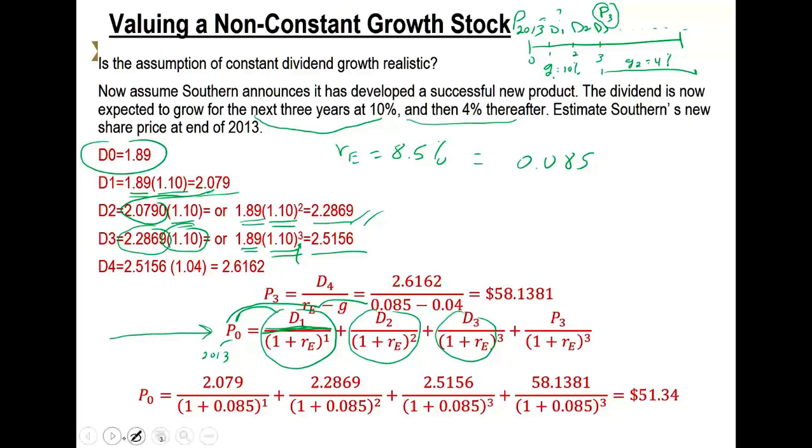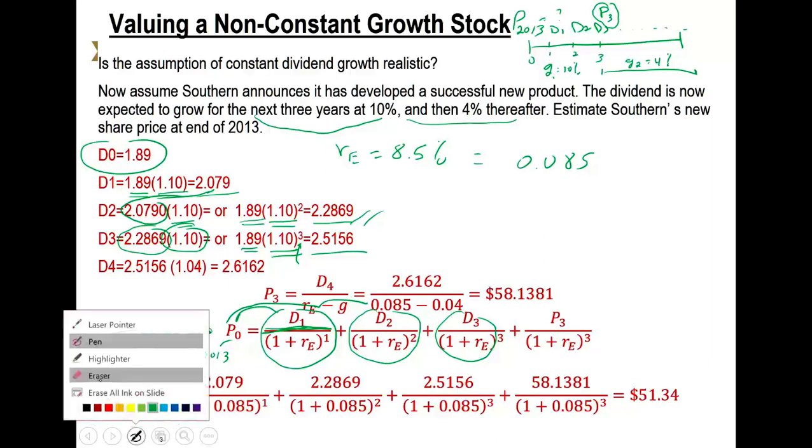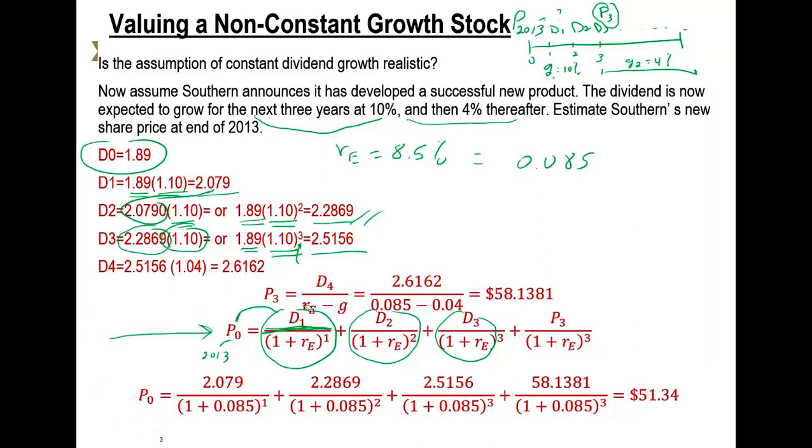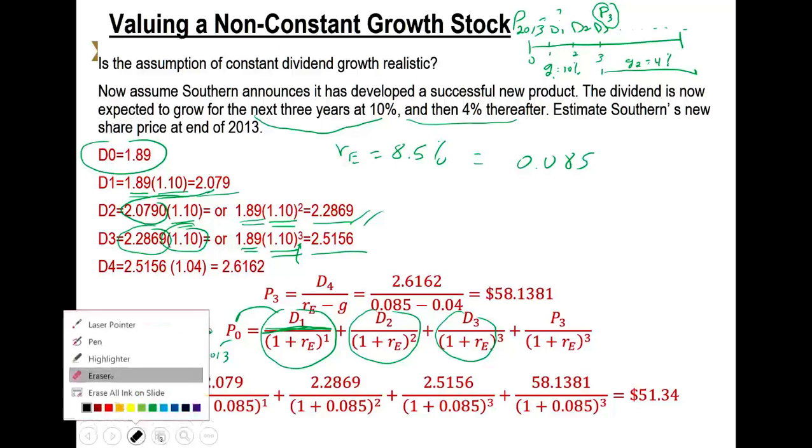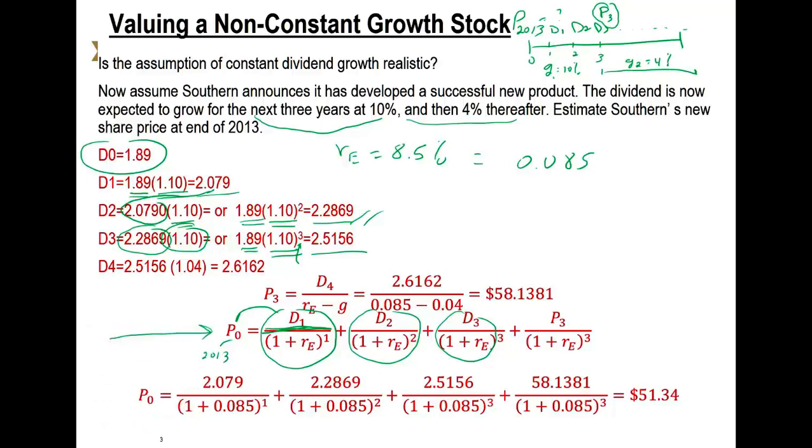But that's not the only part. And let me clean this up a bit. The other part of this is that I'm not only going to receive dividends 1, 2, and 3. I'm also going to receive dividends 4, 5, and 6, and so on, forever.